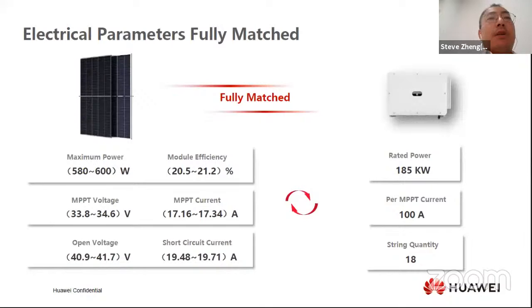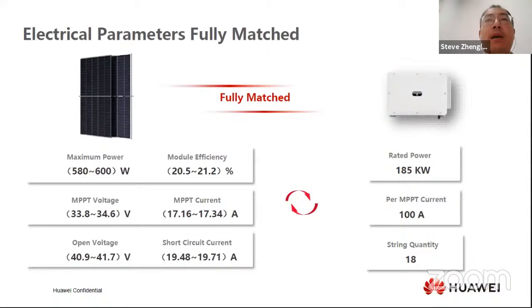From the electrical parameter view, the maximum power, current and voltage fully match our new 185 kilowatt inverter in the Middle East. The MPPT current of our inverter is up to 100 ampere for each MPPT. It is very flexible. It can connect 5 strings and large current modules.